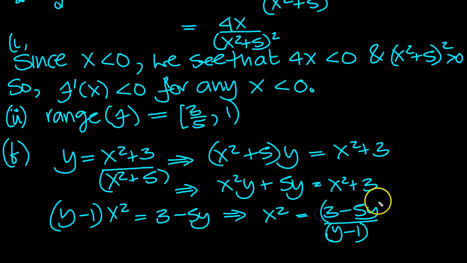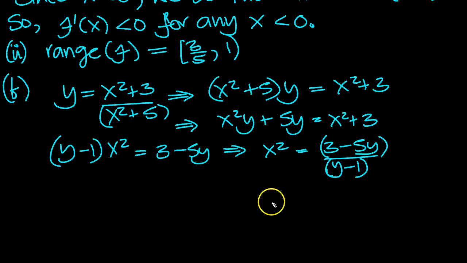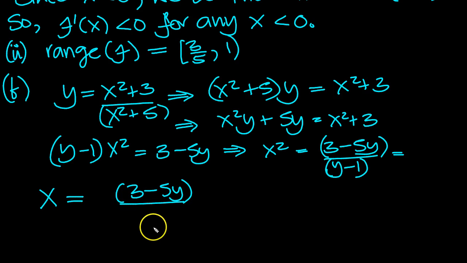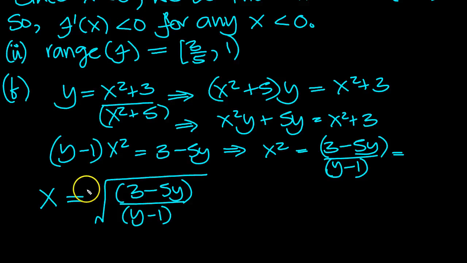And now square root both sides, and x equals the square root of 3 minus 5y over y minus 1. Now, the domain values of x are negative, so when you square root this, it's the negative solution we're interested in, because the domain of x is negative.